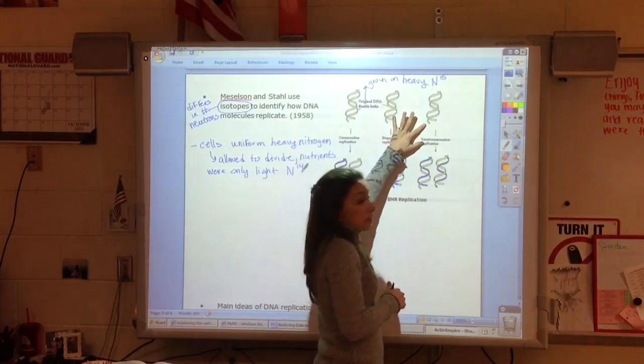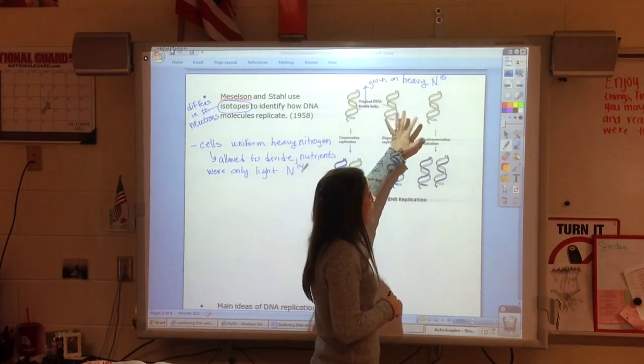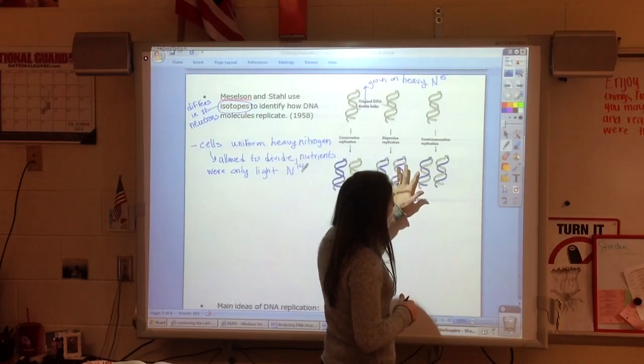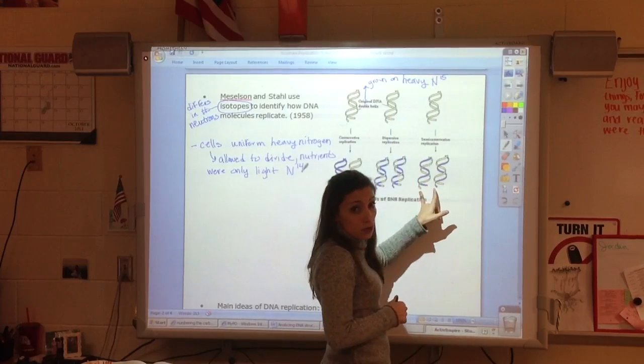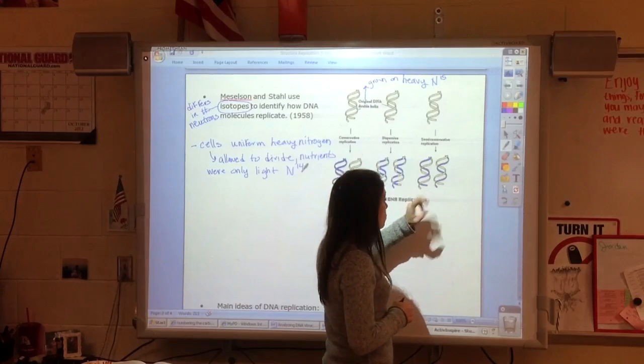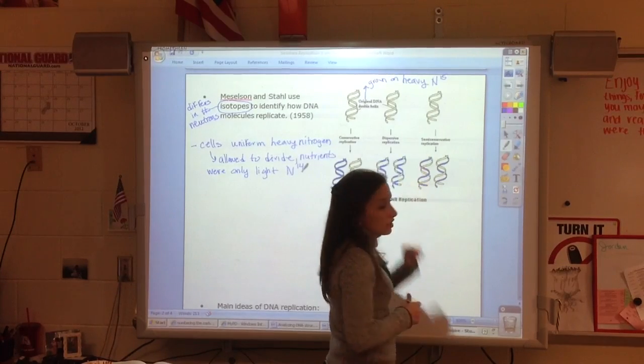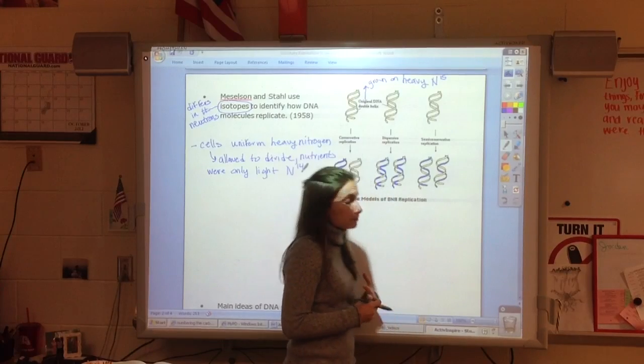And the third is called semi-conservative replication, and this theory was that as we unzipped, we added new nucleotides, and so the two resulting were actually going to have one original from the parent and one newly constructed strand.